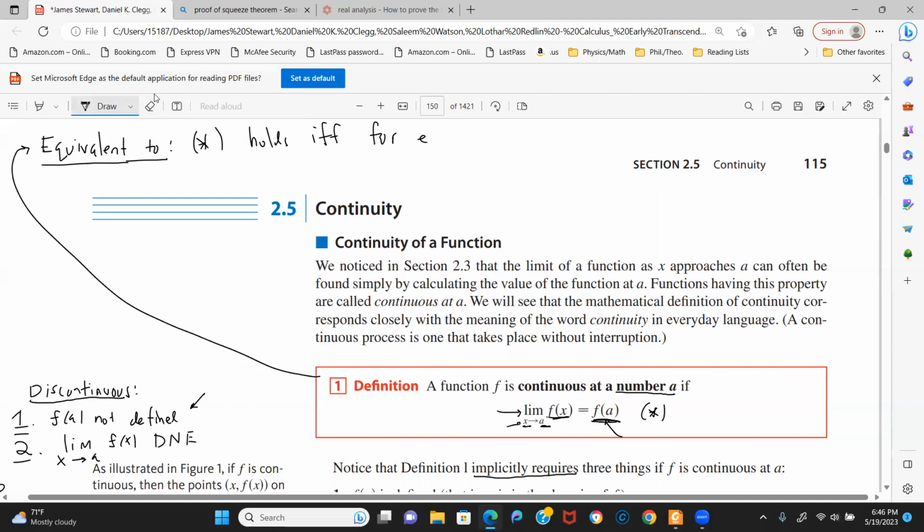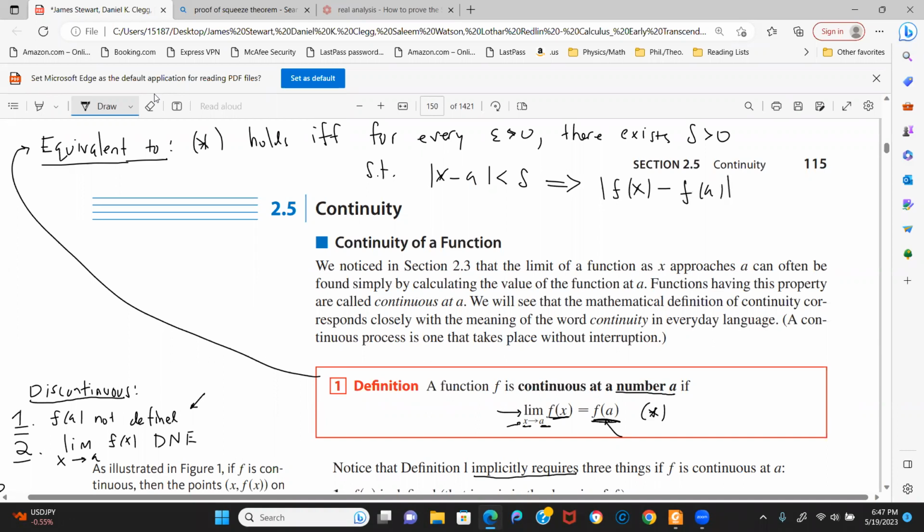For every small positive number epsilon, there exists a small number delta such that |x minus a| being less than delta implies that |f(x) minus f(a)| is less than epsilon.